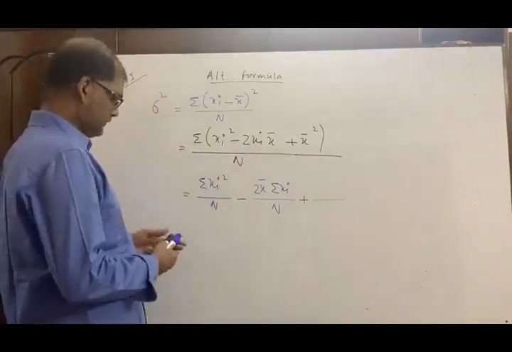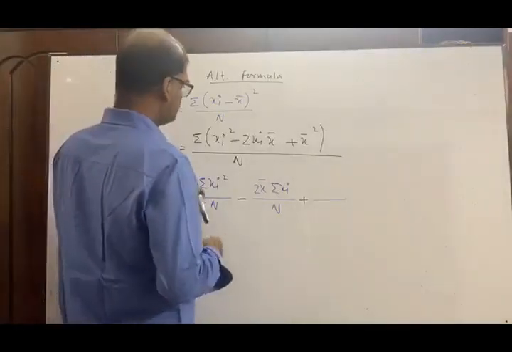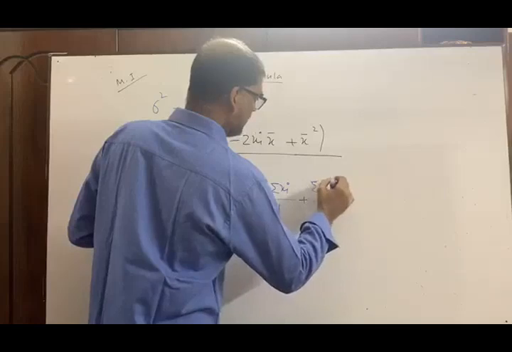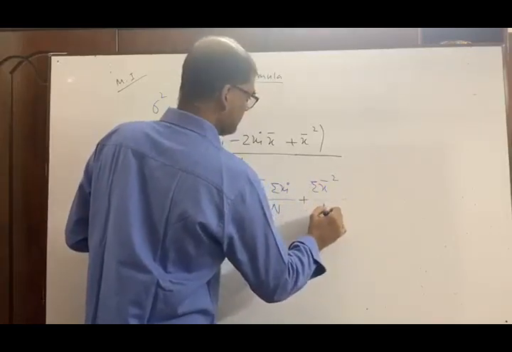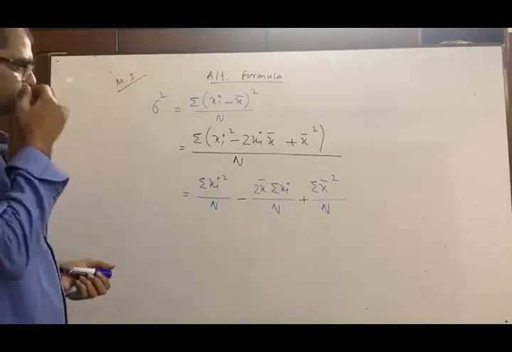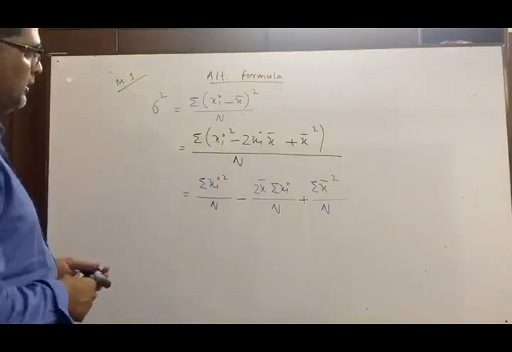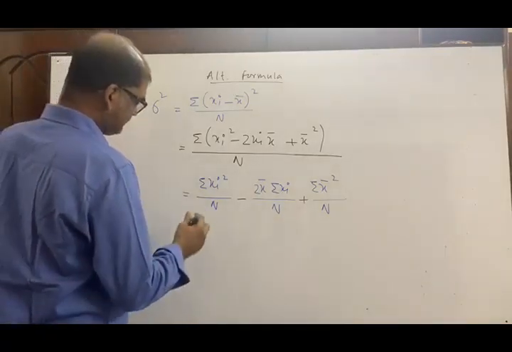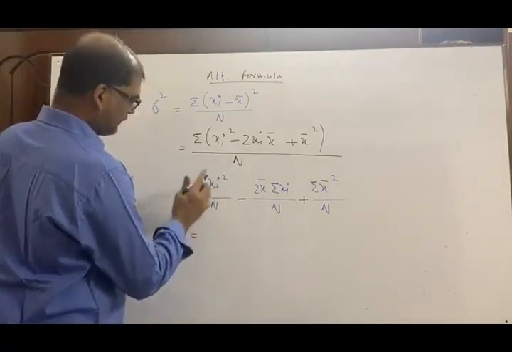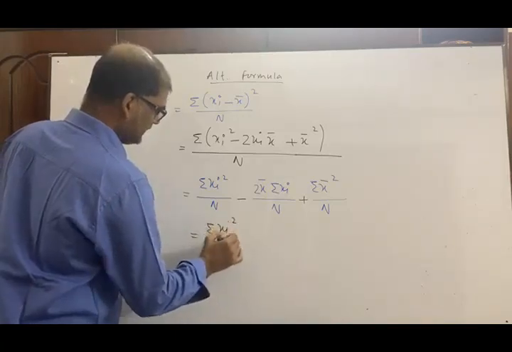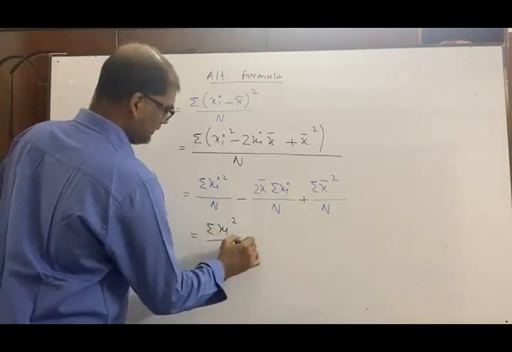Now it is summation x bar square by n. Please try to understand. Now what is to do? You see, you keep it fixed. That is summation xi square by n minus.